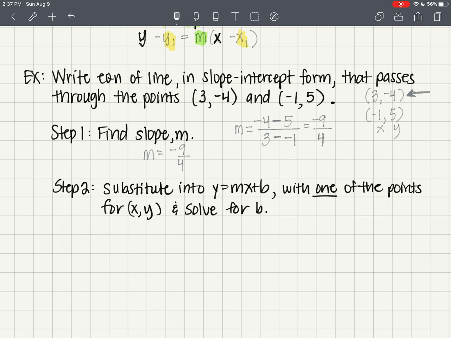Now we're going to take that slope and we're going to substitute it in for m with one other point. So we need to pick a point. Do we want (3, -4) or (-1, 5)? It really doesn't matter. I'll pick (-1, 5).